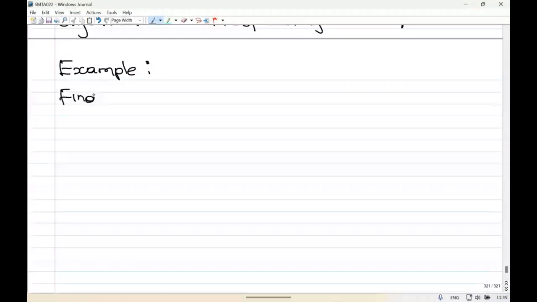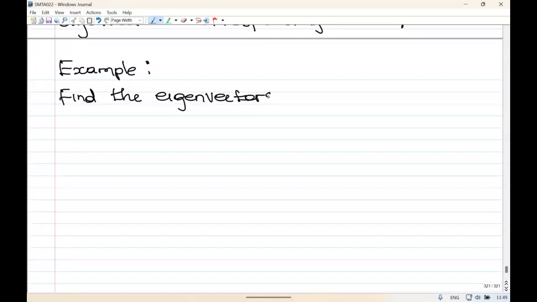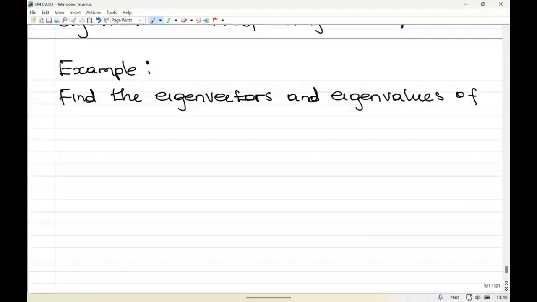Find the eigenvectors and eigenvalues of, you are lucky you are dealing with this nice one, 2 by 2: 3, 2, minus 1, and then 0. Then we close there.